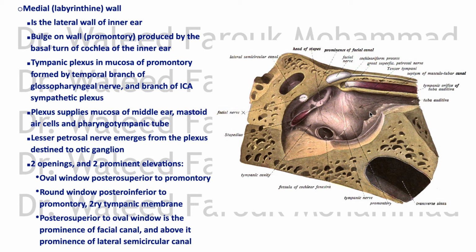You will see also emerging from the plexus and going anteriorly through the bone is the lesser petrosal nerve. Of course, you know about the lesser petrosal nerve, which carries the preganglionic parasympathetic fibers to the otic ganglion. It will descend later through the foramen ovale.